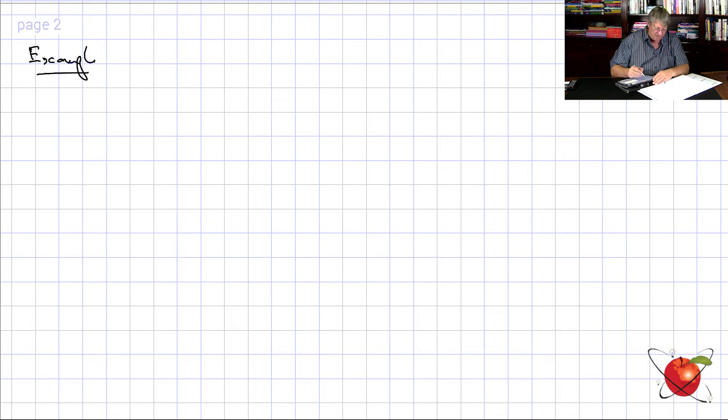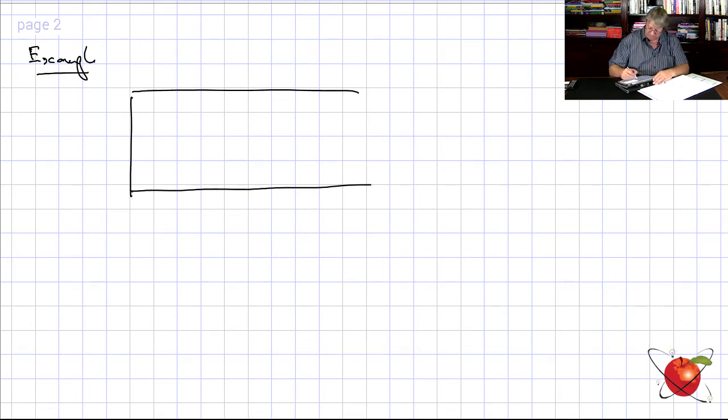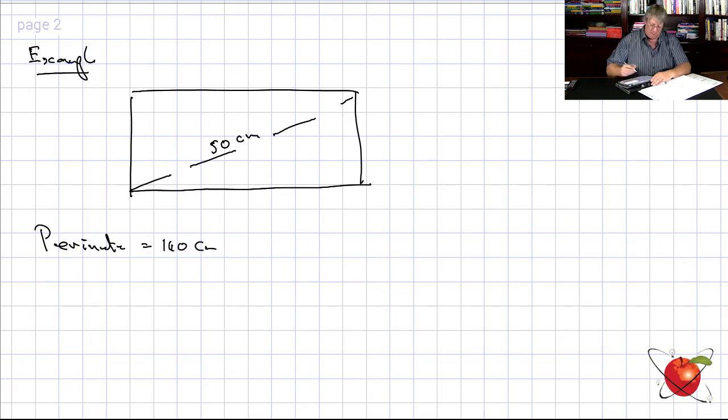They've told us that a diagonal across this has a length of 50 centimeters. A rectangle has a perimeter of 140. So we write down perimeter equals 140 centimeters. Diagonal is 50. Calculate the length and the width.